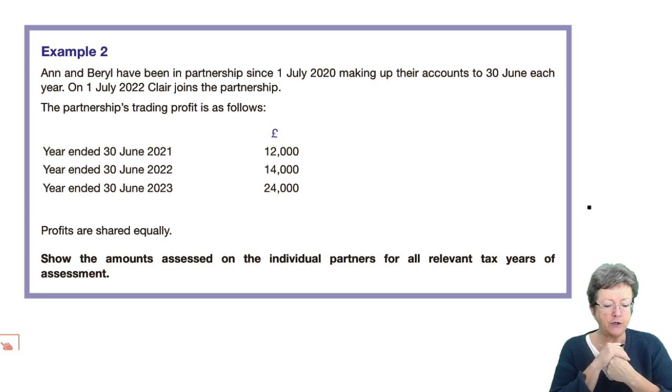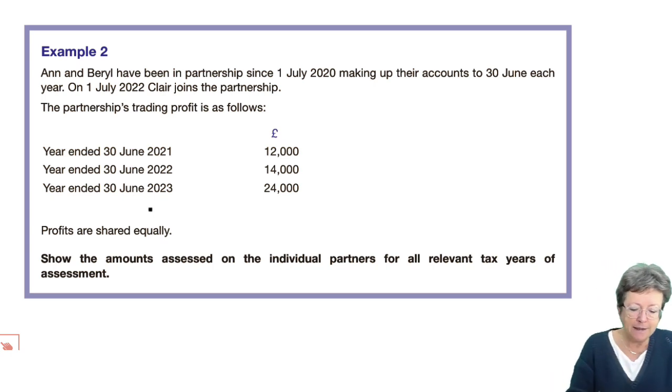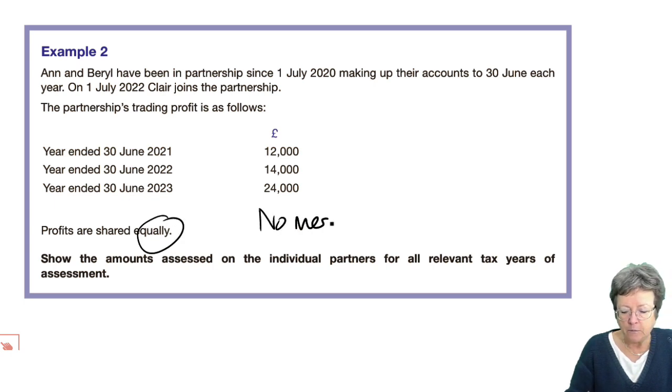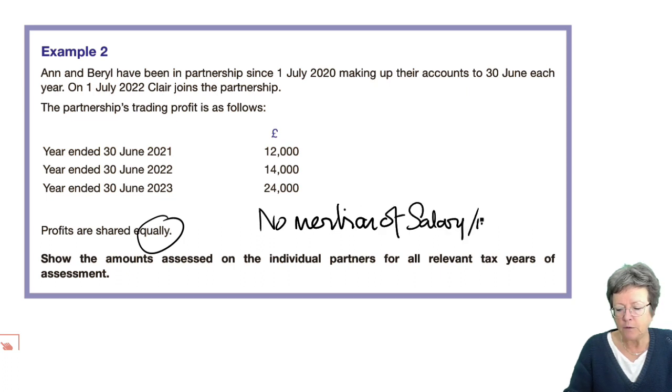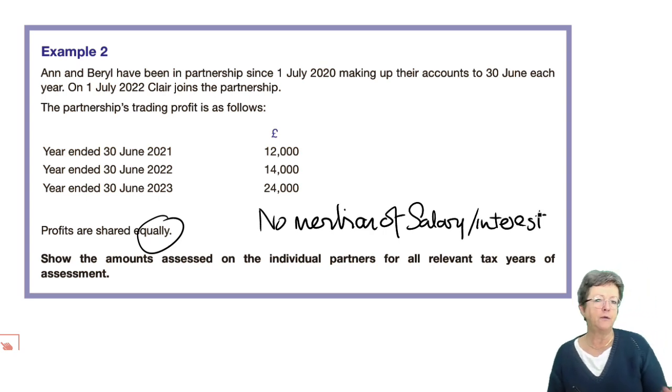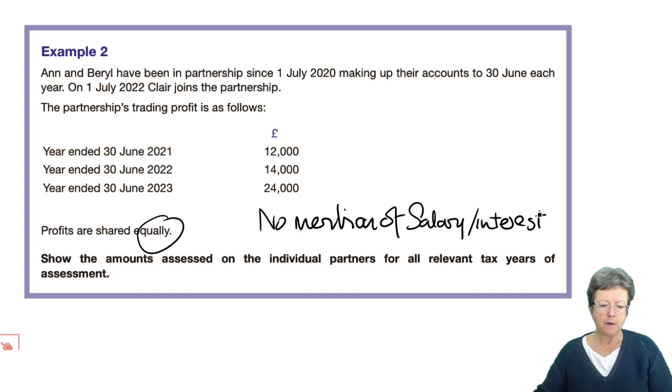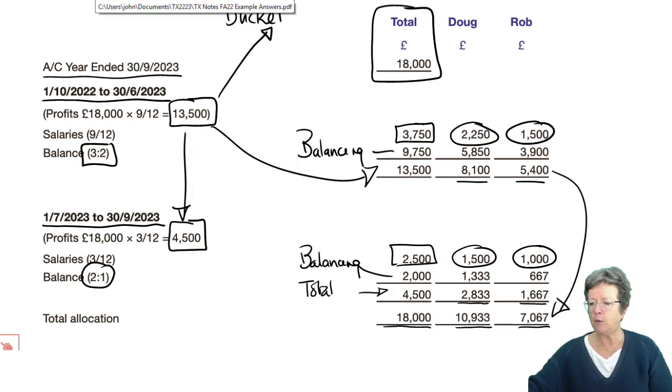Now, on the 1st of July 2022, Claire joins. And these are the profits that we need to allocate. Now, they can all be allocated equally. There is no mention of salaries or interest. If there's no mention, don't assume, just follow the question carefully. So let's have a look at the answer to that one.